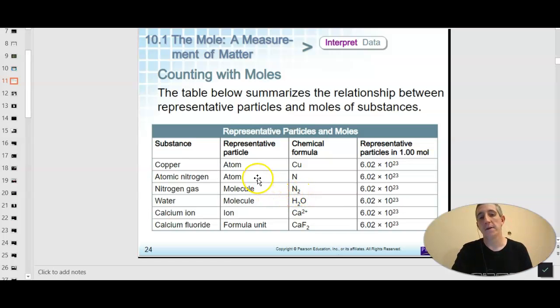The monatomic nitrogen atom is just the atom. Water, again, H2O, that makes it a molecule. Calcium fluoride, calcium's a metal, fluoride is a nonmetal, so that makes it an ionic compound. Ionic compounds are broken down into formula units of CaF2, and then within the formula unit are the ions, in this case, calcium.